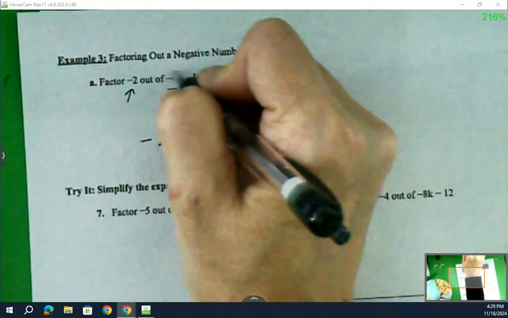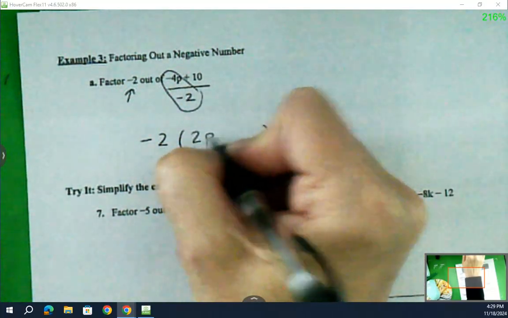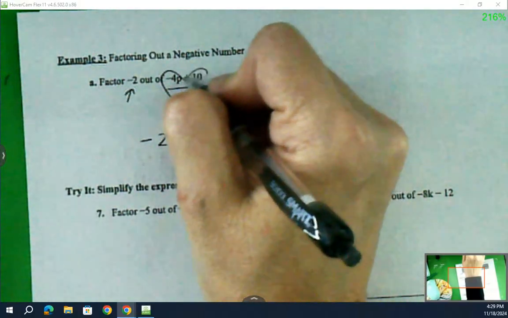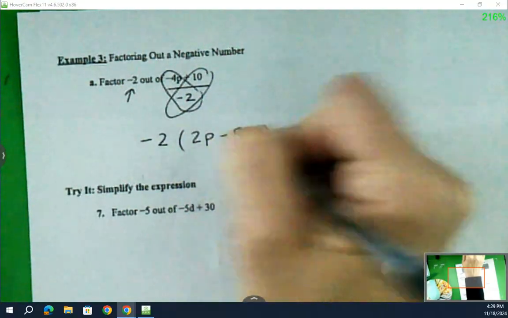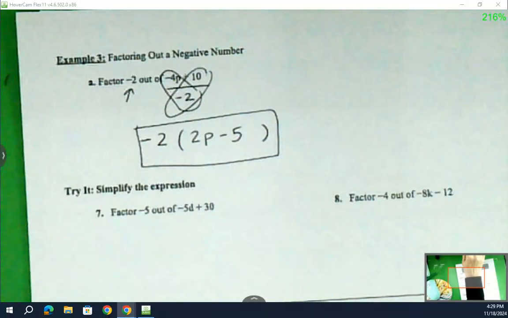Negative 4p divided by negative 2 is positive 2p. Negative divided by negative is positive. On this side, we have a positive 10 divided by negative 2, which is negative 5. So our answer is negative 2 times the quantity 2p minus 5.